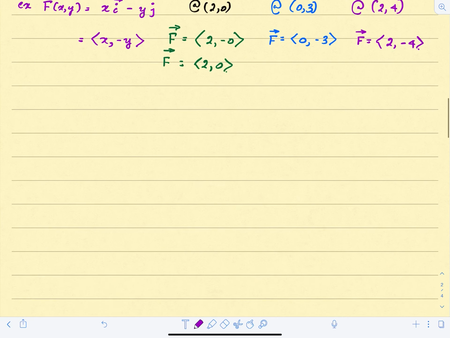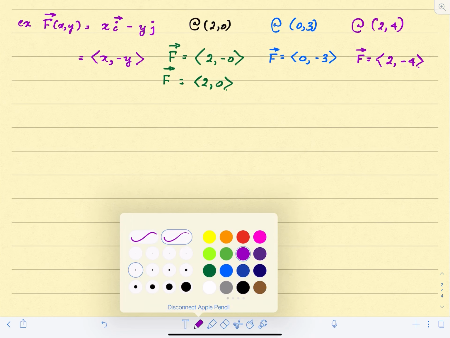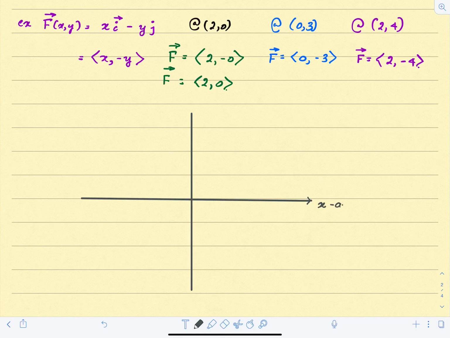Now, if you plot these vectors on the xy plane, you should get something like this. So here we have the xy plane. This is the x-axis. This is the y-axis.